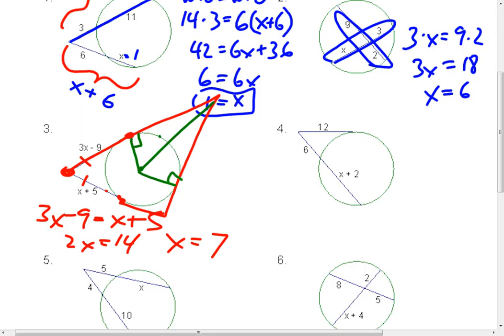We proved that this was equal to this because the radius is equal to the radius. And if they have a common hypotenuse, if you remember back to chapter 4, wasn't HL one of the ways we proved that 2 triangles were congruent? Because of HL, they're congruent.